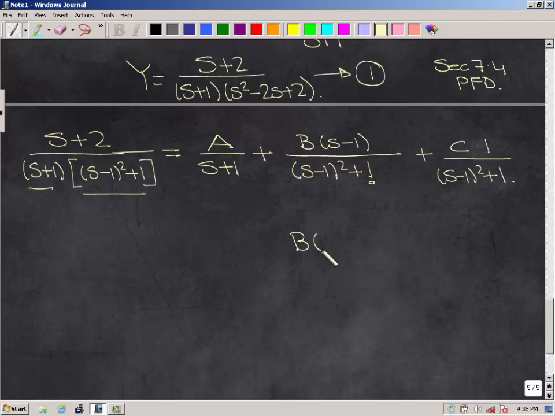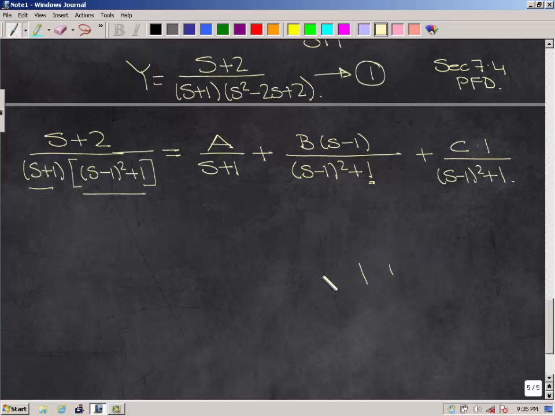Technically we have to write it this way: b times s minus alpha plus c times beta over s minus alpha squared plus beta squared. I just split up the numerator, that's all I've done. In this case alpha was 1, beta was 1 in our example.